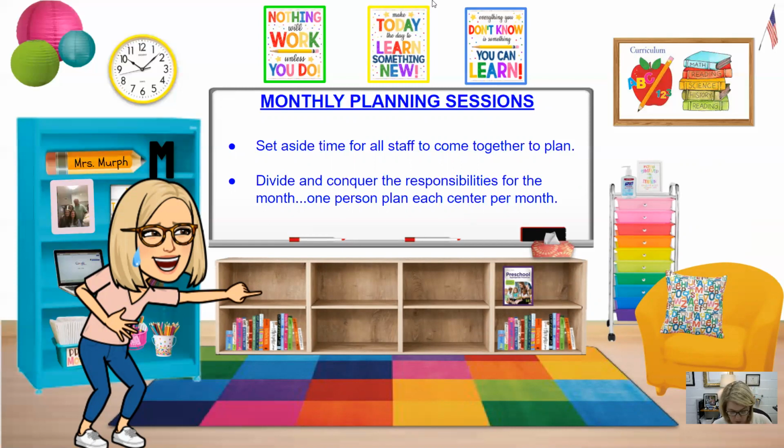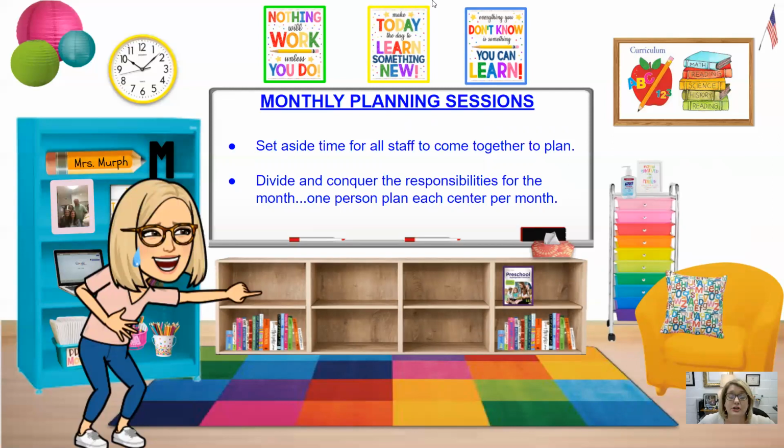When we come together, we want to be able to talk about the activities that occurred over the last month and then make plans for the upcoming month. I think this is so effective in so many ways, but one thing I like is that the responsibility of the teacher is so vast that it's great when we all come together and say, okay, every classroom in our school is going to be doing the neighborhood.